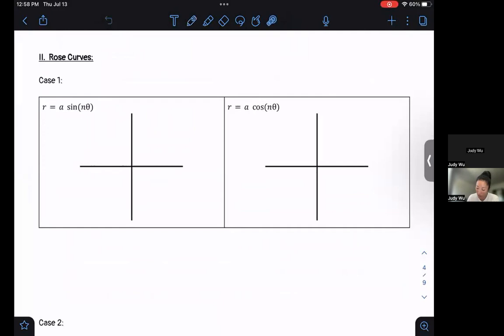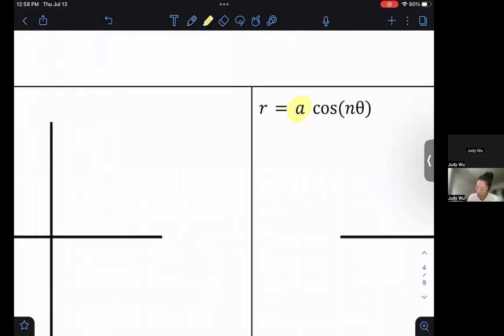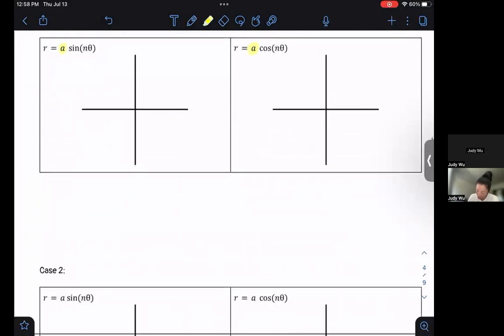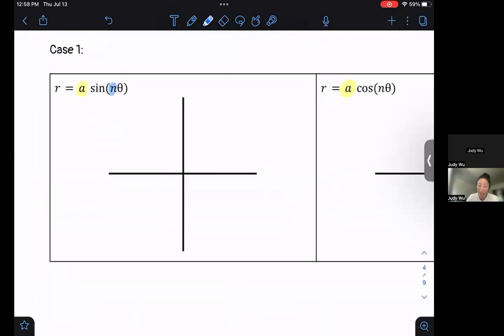In particular, we have this A in the front, which is a constant. But now we have another letter, this N, which is also a constant.